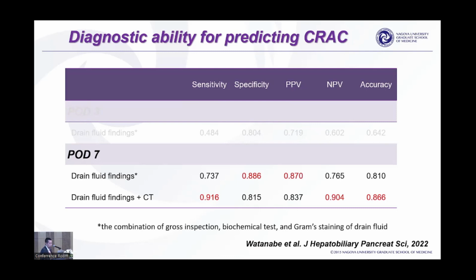On POD7, adding CT to drain fluid findings increased the sensitivity and negative predictive value. Our rule worked well as a safe drain removal criteria.